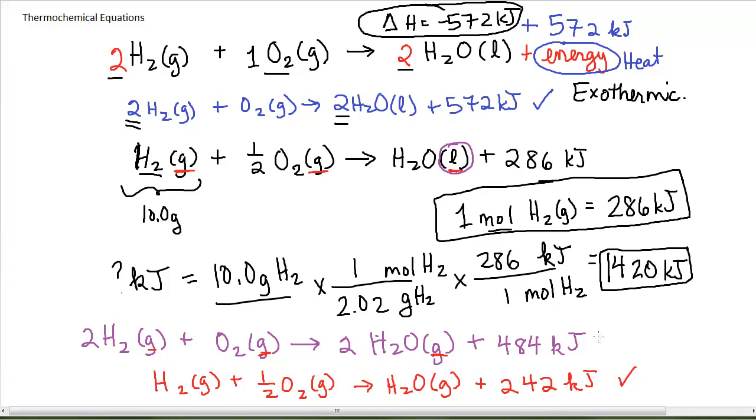For this bottom reaction then, for the purple one, I would say that the delta H for this reaction is equal to negative 484 kilojoules. For the very bottom one, I would say that the delta H is equal to negative 242 kilojoules. Again, I could express it as 242 kilojoules per mole of water, or 484 kilojoules per mole of oxygen.